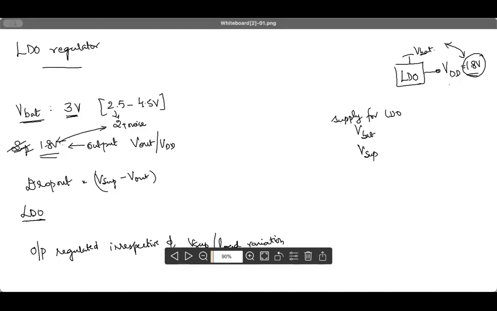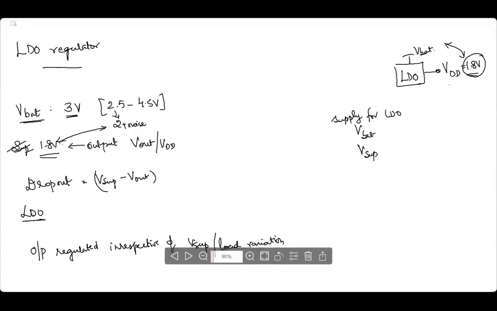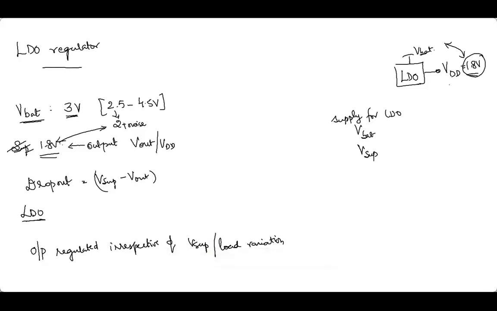The dropout is basically from supply. What's the difference? The supply to output difference is called the dropout. And although this says low dropout regulator, sometimes it need not be very low dropout. We still call it LDO.